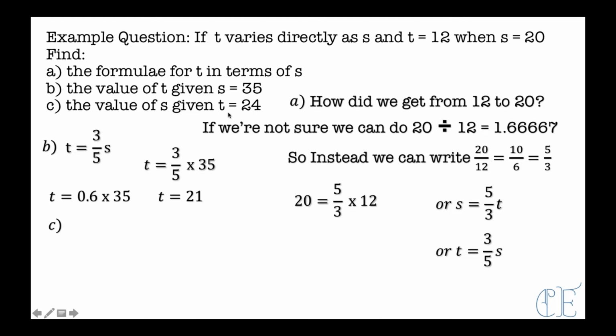And then finally C, the value of S, given that T is 24. So here's our equation, and this time we're trying to find S. So we know that T is 24.